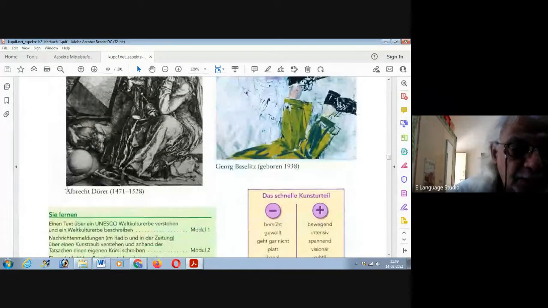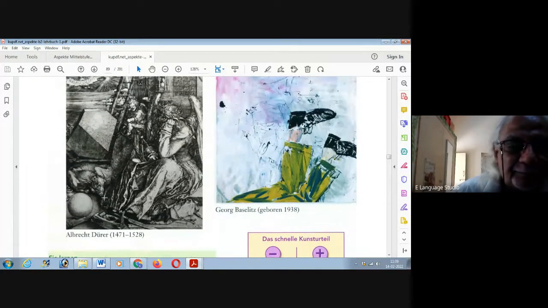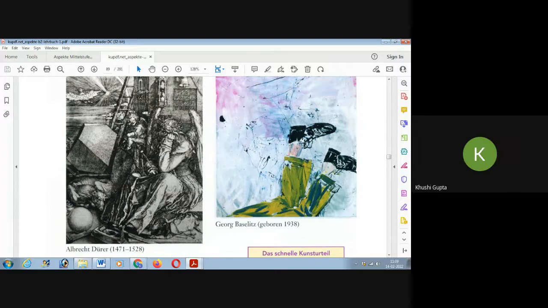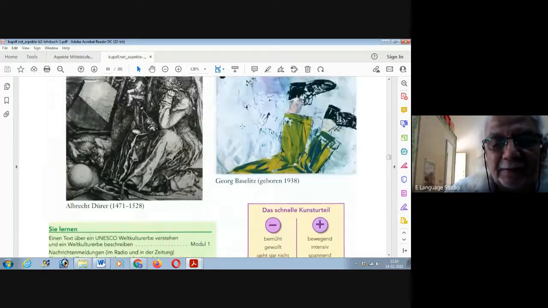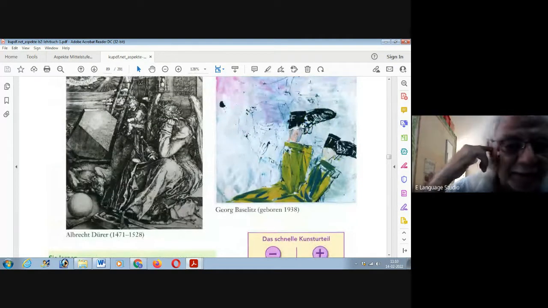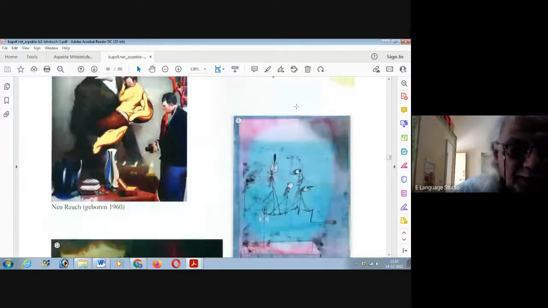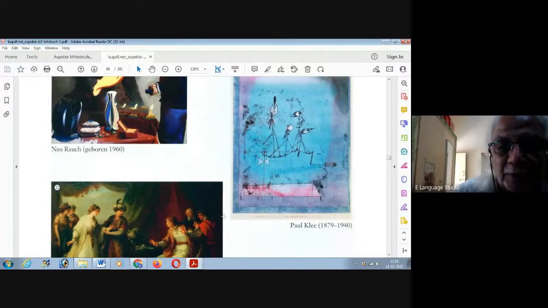Sind diese Namen euch bekannt? Albrecht Dürer. Ist dieser Name euch bekannt? Nein, leider nicht. Okay, das ist eine gute Antwort. Georg Baselitz, das ist ein moderner Künstler. Nein. Oder Neo Rauch, sehr modern, aber ist schon alt geworden, 1960 geboren.